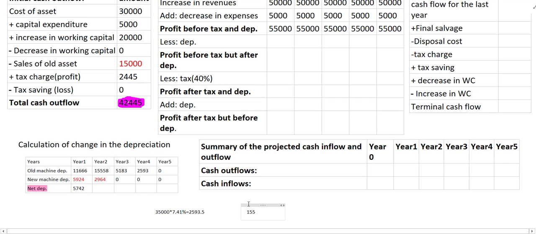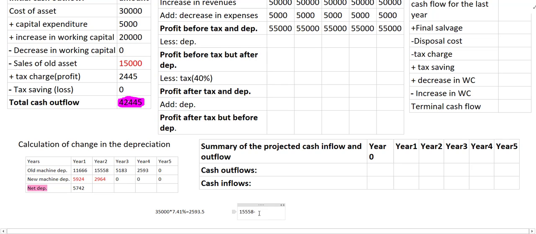And for the next year, from this amount minus this amount. So how much is the amount? 15,558. Yes. So 15,558 minus the amount of 2,964, which becomes equal to this much.